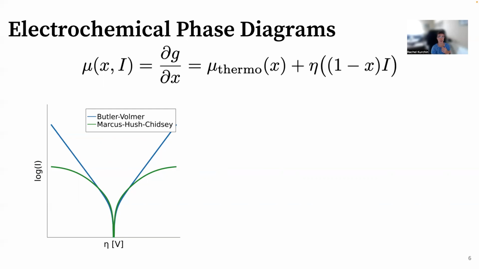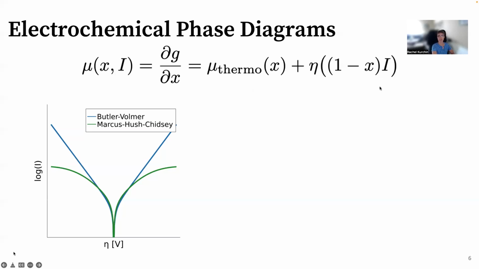And the idea of these electrochemical phase diagrams is to add current on as a dimension of these phase diagrams. And we can do that by adapting this chemical potential term to be some thermodynamic model. So in these cases, I've used a very simple ideal solution model and added a term that depends upon the current that's flowing. And this takes advantage of that inverse function that tells us the overpotential as a function of current here.